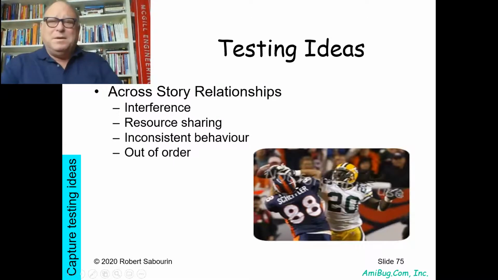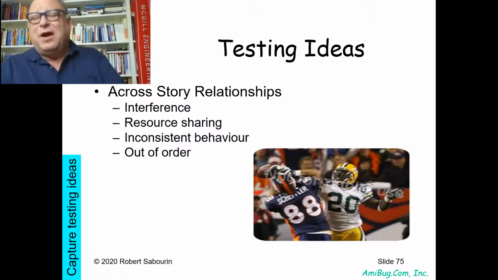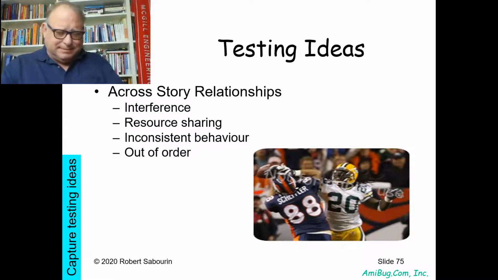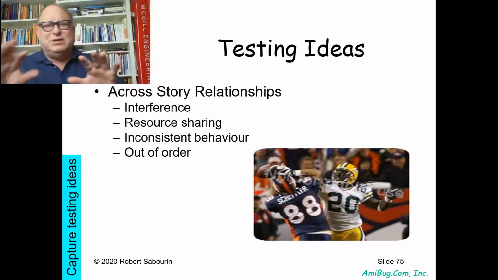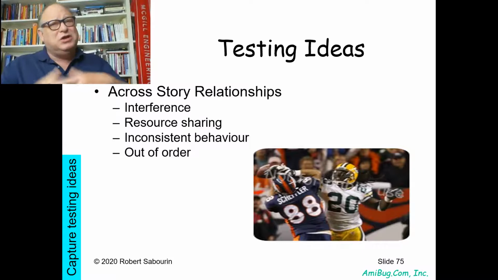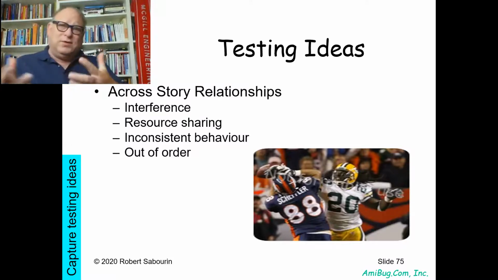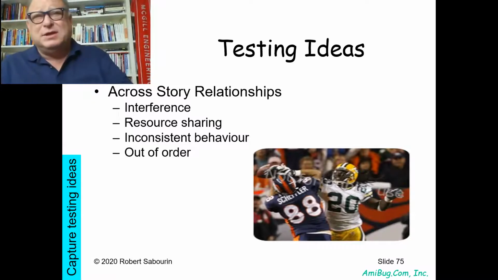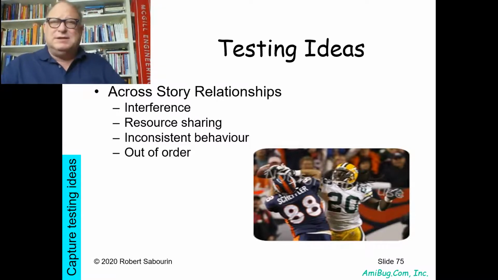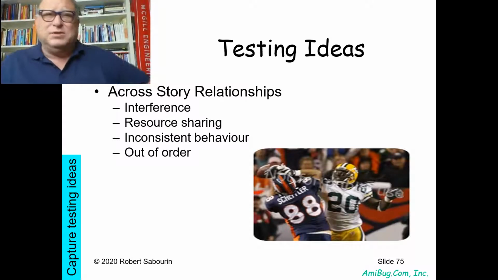So, moving along, there are interesting test ideas when you start having multiple operations that can happen concurrently or in different orders. What I call across-story relationships. I use the term story because a story is a type of requirement where we model the user's interaction with the system to get some sort of job or task done by the user.